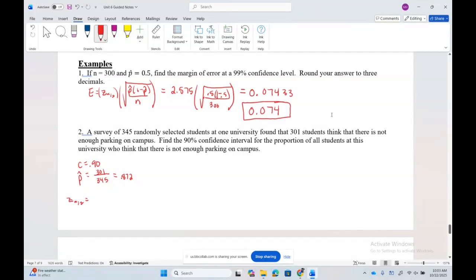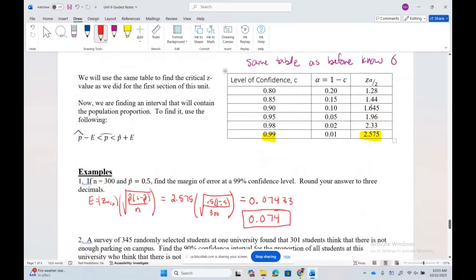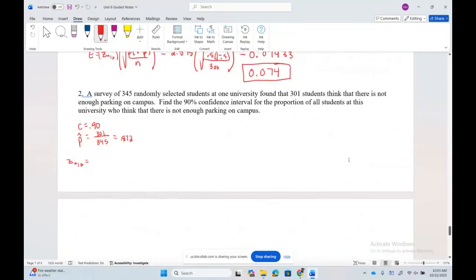Okay. I need to find my z-score. So I'm going to go up to my table. My level of confidence is 0.90, so my z-score is 1.645. All right, so here we go.